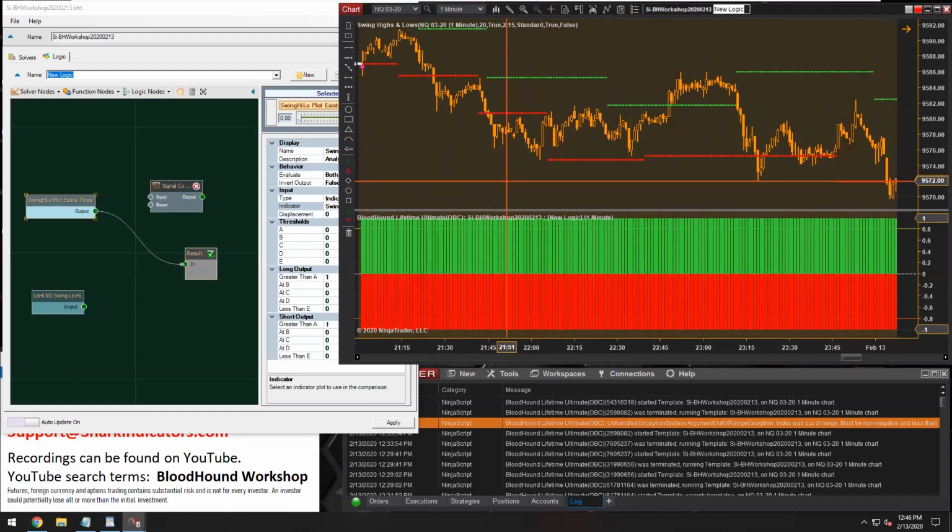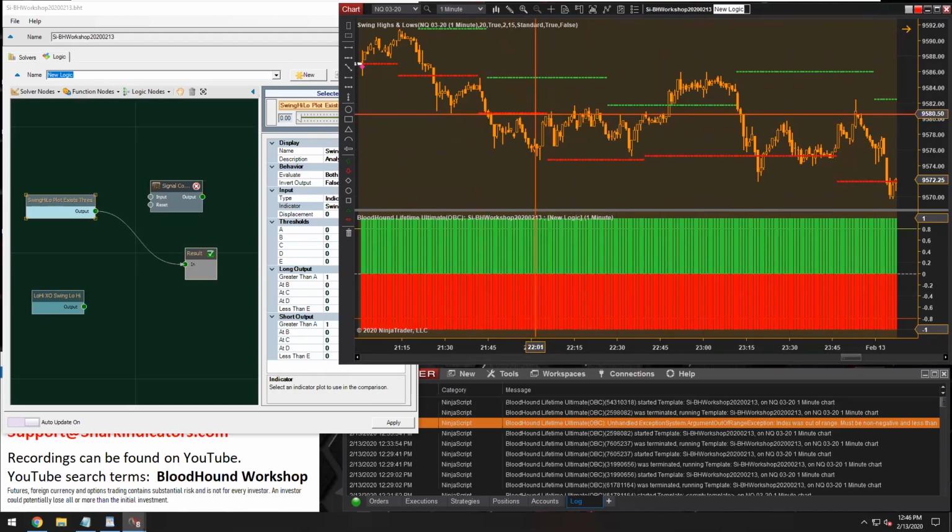But yeah, going back, one of the unique things about the swing highs and lows that comes with BloodHound is that it's always going to be plotting the swing low or swing high until a new swing low or new swing high is identified. Which is really what you need almost all the time.